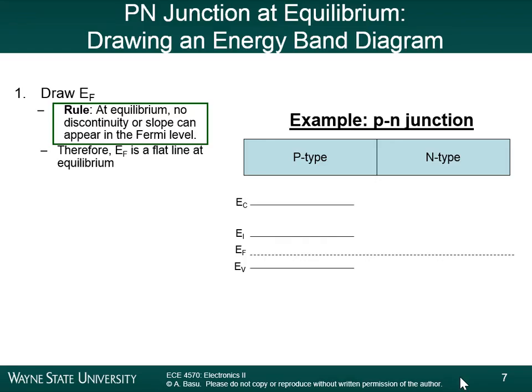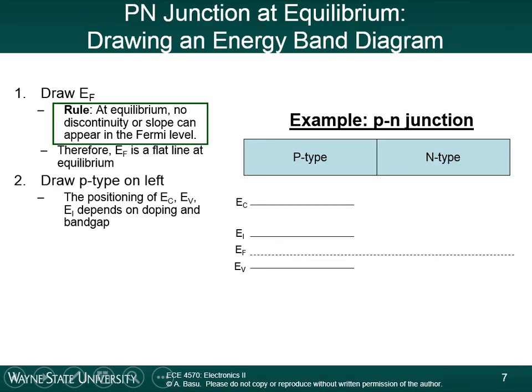So you do a calculation, EI minus EF is equal to kT ln of Na over Ni. You find the location of the Fermi level here. And then you continue that Fermi level all the way across to the N side. Then you draw the N-type material on the right. So what you would do is, the Fermi level is already positioned here.